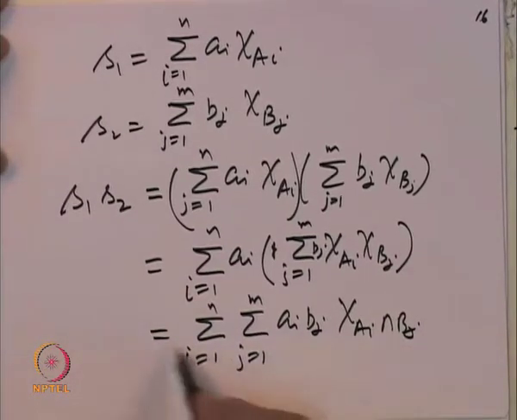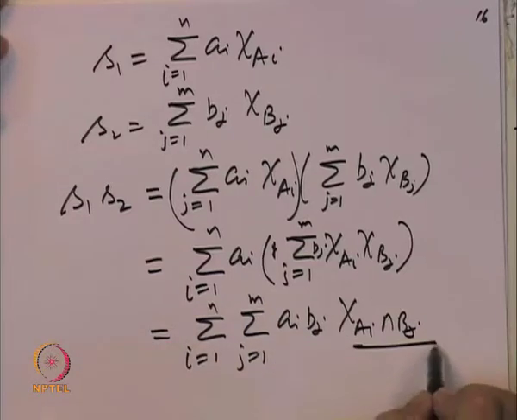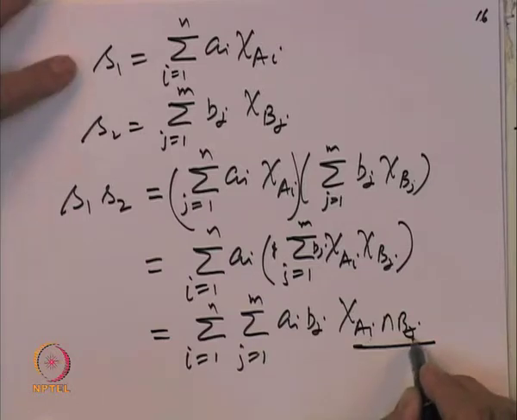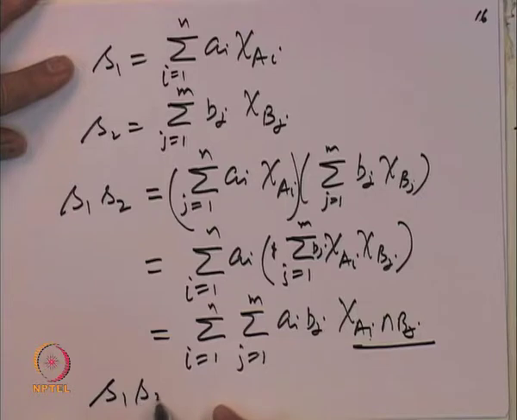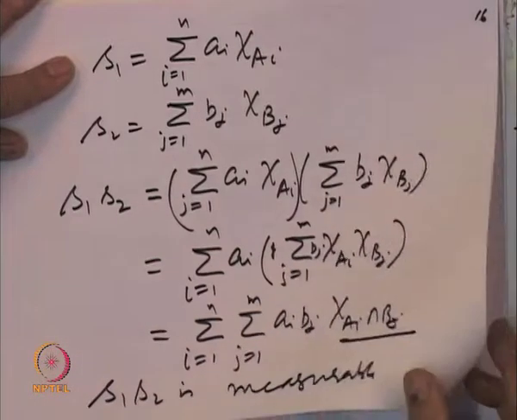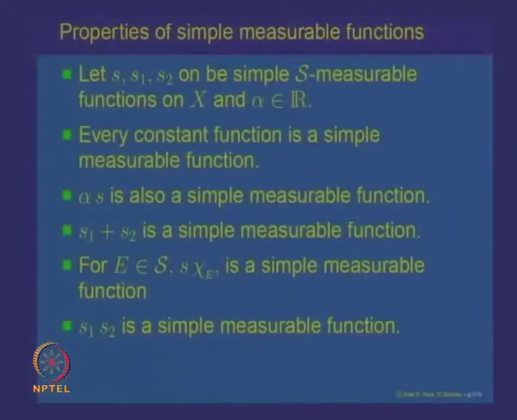And so, once again S_1 into S_2 is a linear combination of indicator functions of sets where A_i belongs to the sigma algebra because S_1 is measurable, and B_j's belong to the sigma algebra because S_2 is measurable. So, the intersection is measurable. So, S_1 S_2 is measurable. So, the product of simple measurable functions is again measurable.